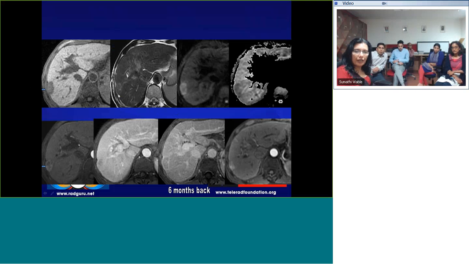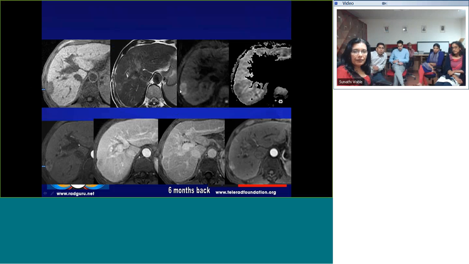A few years ago, there were a few papers which showed that if a lesion is hyperintense, how do you differentiate between cirrhotic nodules versus HCC? Once the lesion is bright on T2, we have to be very suspicious. Usually they're not as bright as hemangiomas, but if it is hyperintense on T2, you have to look at those nodules very carefully.